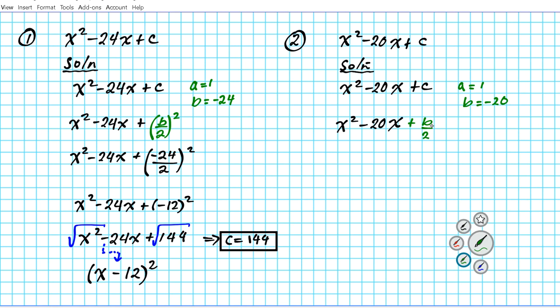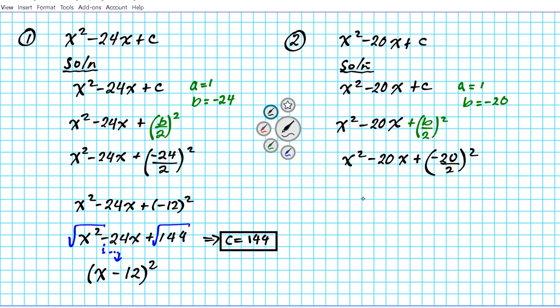That completes the square. So let's substitute. We're going to have x squared minus 20x plus negative 20 over 2 quantity squared. Using order of operations, let's simplify what c is. It's going to become x squared minus 20x.